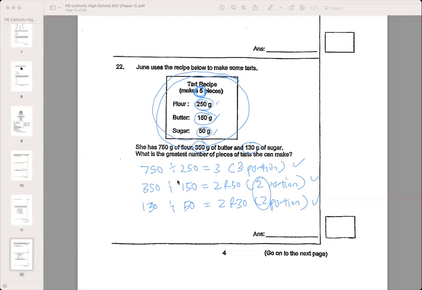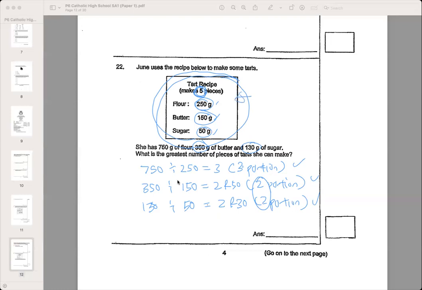Even though you have 3 portions of flour, it doesn't help because June is limited by her butter and her sugar. So the maximum number of portions of this recipe she can make is 2.